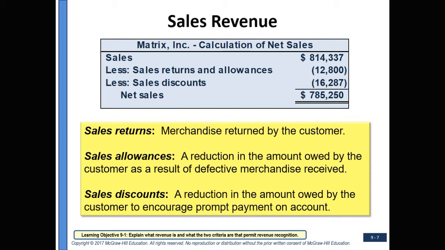What the manufacturer said to them is that we don't want to pay necessarily to have that brought back. How about we knock a certain amount off the price and you keep it? You keep the defective merchandise and we'll just discount it. We'll provide you a sales allowance. This is a reduction in the amount owed by the customer because of the defective merchandise.